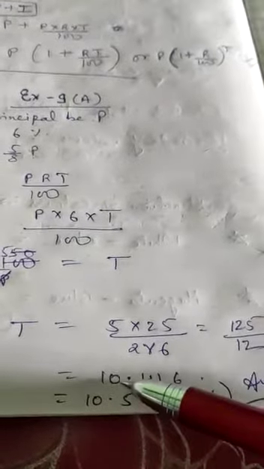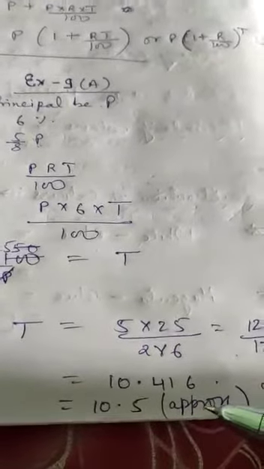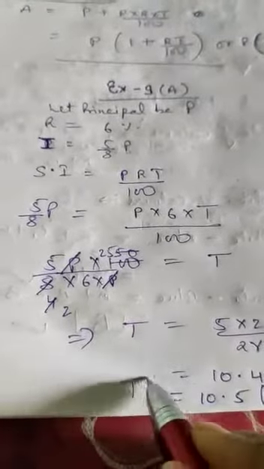When you divide, you get 10.416. So in round figure approximately the time would be 10.5. Okay children, time would be 10.5. This is the answer. The rest of the questions, try yourself. Any doubt you can ask later.